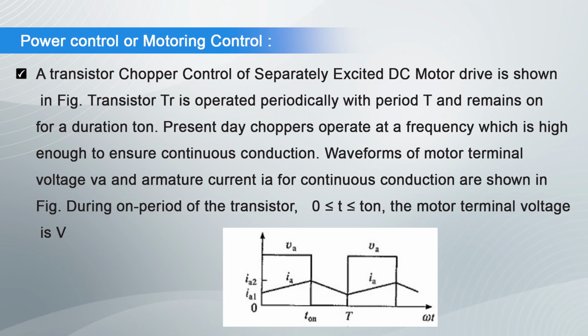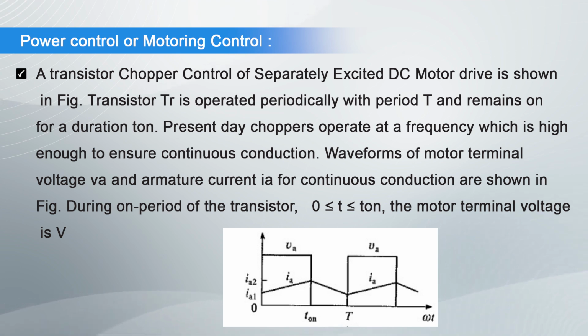In the transistor chopper control of a separately excited DC motor shown in the figure, transistor TR is operated periodically with period T and remains on for a time duration T on. Present day choppers operate at a frequency high enough to ensure continuous conduction.